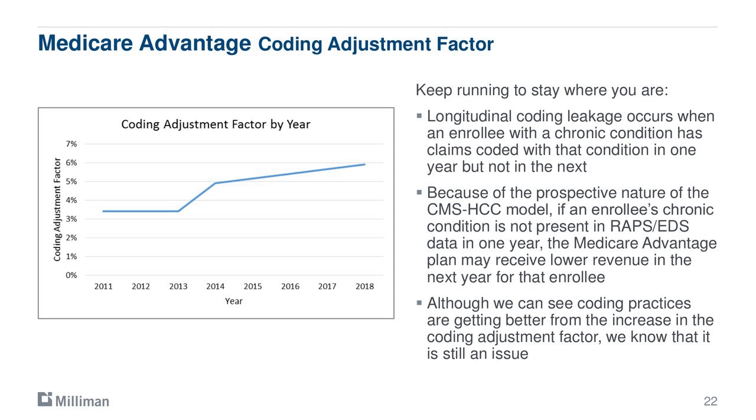It's not everywhere. Even with the same payer in the same market, the payer may use different coding adjustment factors with a different ACO. And it seems to be an area of business negotiation.